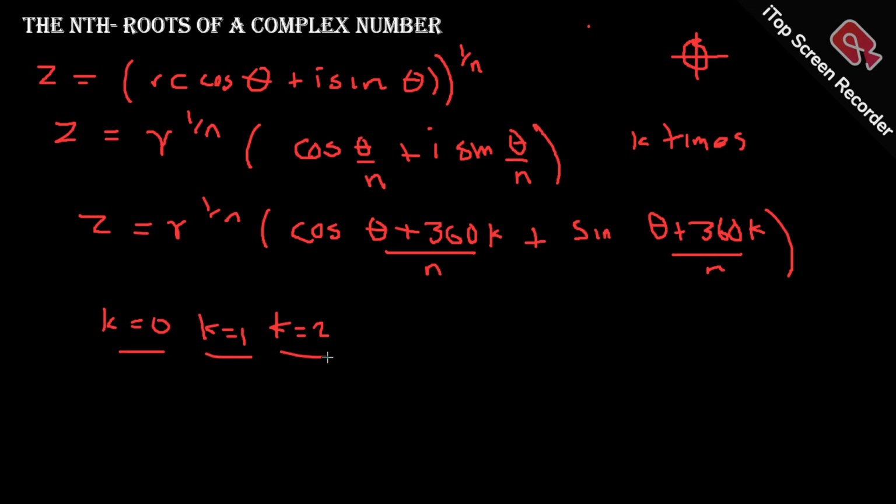When they tell you to find the fourth root, then it will be k equal to 3, k equal to 4. So you'll be substituting k equal to 0 in there, and see the complex number you're going to get. Again, you repeat the same thing, but substituting the value of k. Okay, so let's do an example.